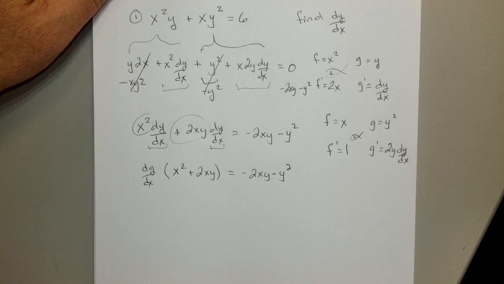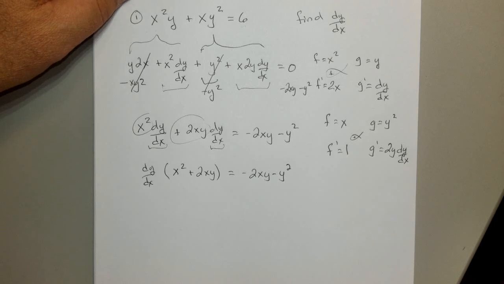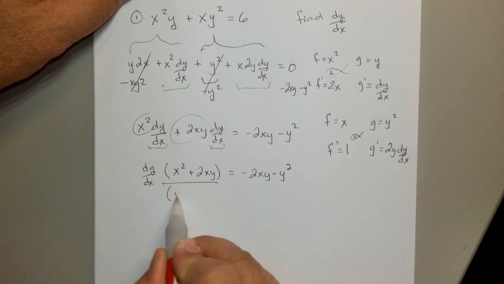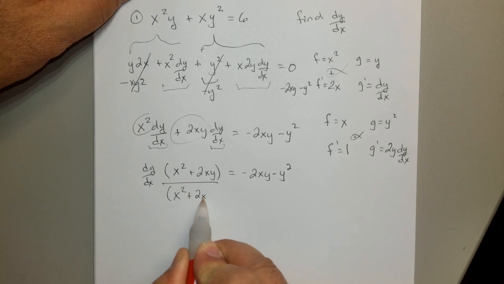Last step. What do we have to get rid of? Yeah, this whole thing here. How do we get rid of it? Divide both sides by x squared plus 2xy.